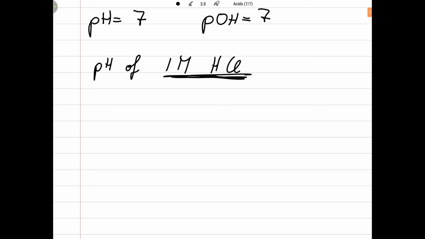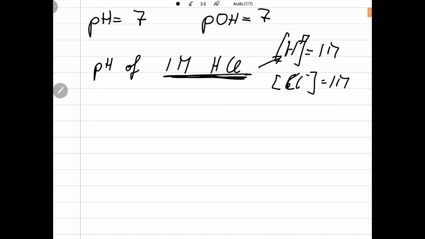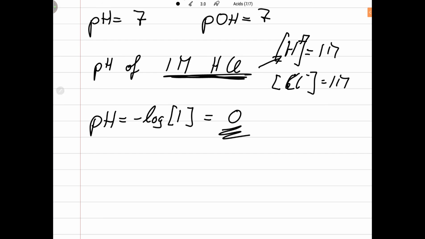How are we going to deal with that? Well, it's not a big problem, because we know that for 1 molar hydrochloric acid, the concentration of the protons is 1 molar, and the concentration of the chlorides is also 1 molar. So what's the pH of a 1 molar hydrochloric acid? 0. pH equals minus log of 1, which equals 0. So the pH of a 1 molar hydrochloric acid is 0.